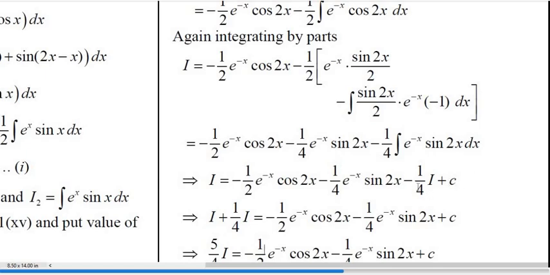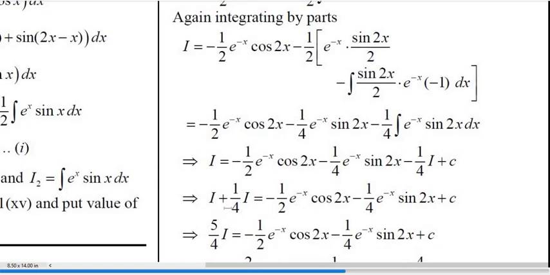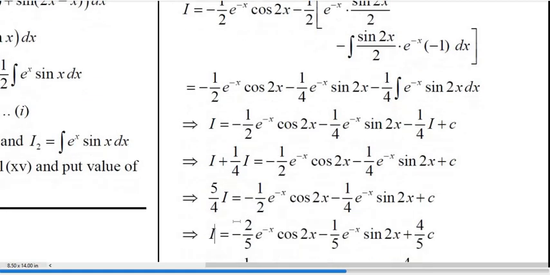Now this term is subtracting here, so shifting from right to left, its sign will be changed into plus. Taking LCM, we get LCM is 4, 1 times 4 plus 1 is 5 by 4 I. Here we require just I. 5 is multiplying here, when we move from left side to right side it's dividing all terms, and 4 is dividing here, when we move from left to right it's multiplying all terms of the right hand side.